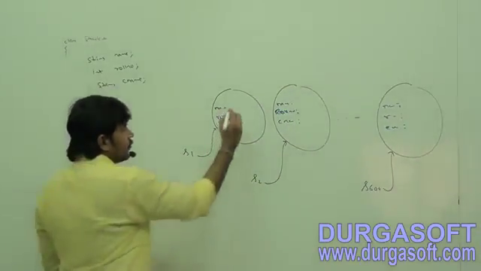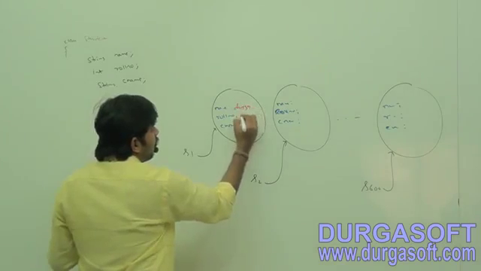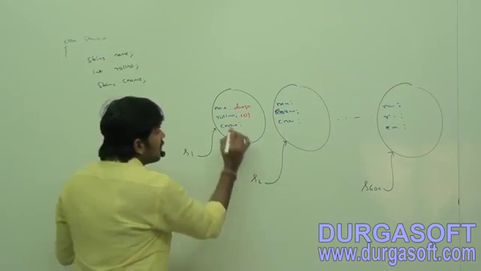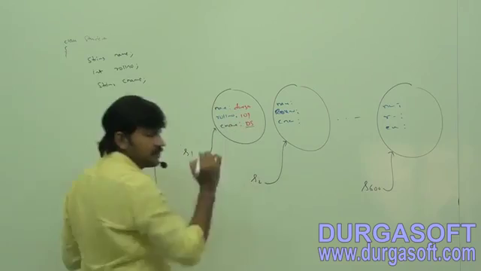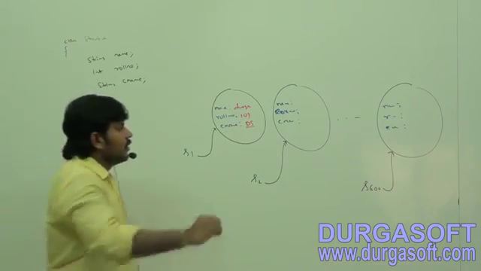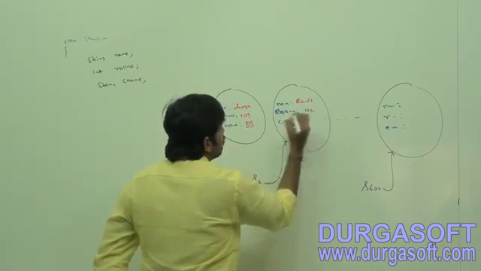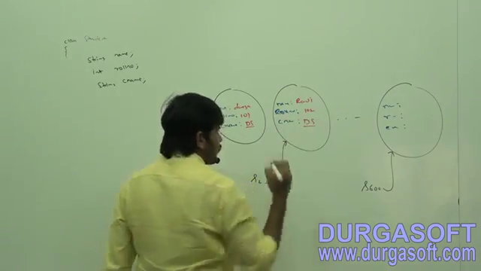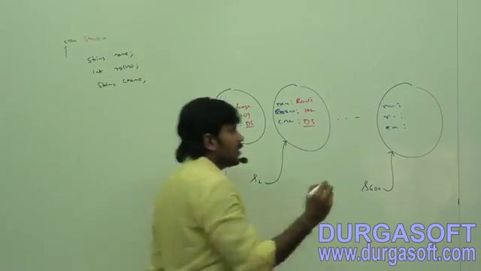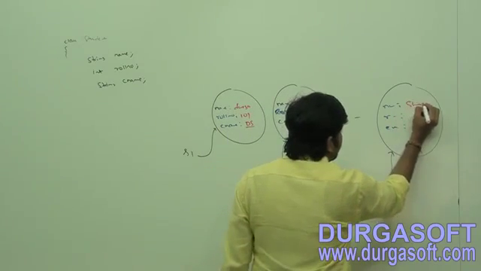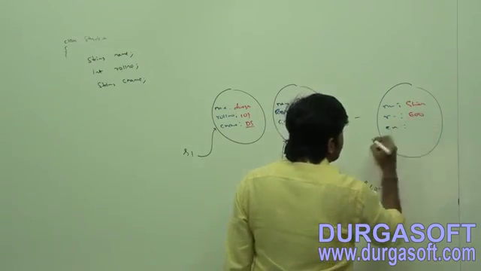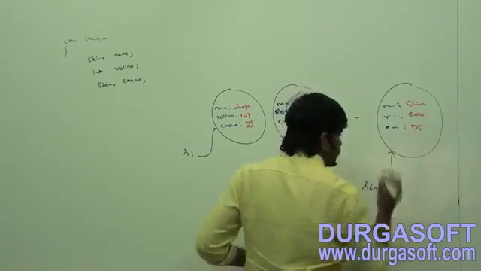Name Durga, roll number 101, college name Durga Soft. Name Ravi, roll number 102, college name Durga Soft. Last one, name Shiva, roll number 600, college name Durga Soft.